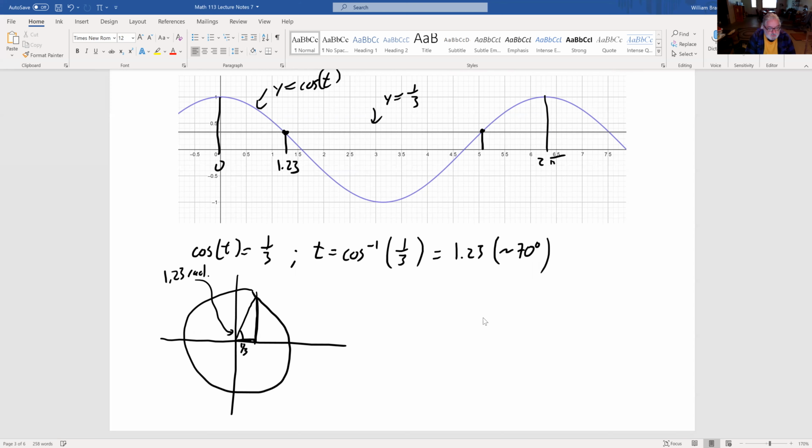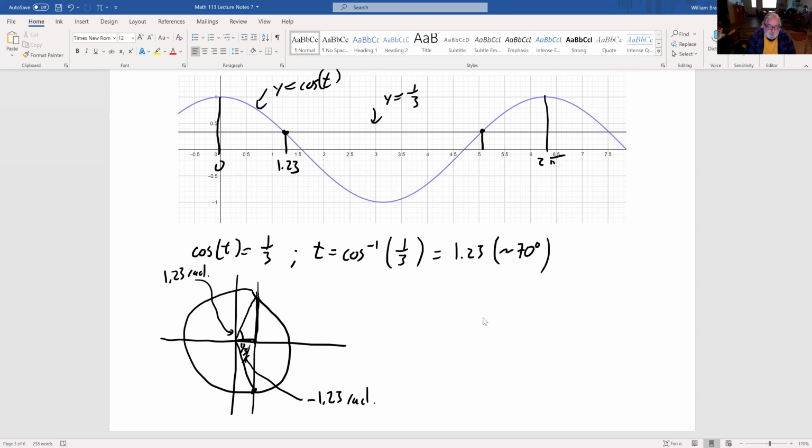So that's an angle whose cosine is 1/3. What's another angle that's got a cosine of 1/3? That would be down here. This angle also has cosine equal to 1/3, and that's just the reflection in the x-axis. So that would be minus 1.23 radians.